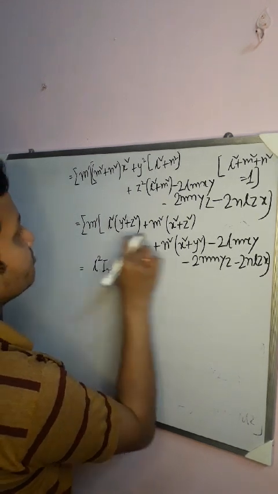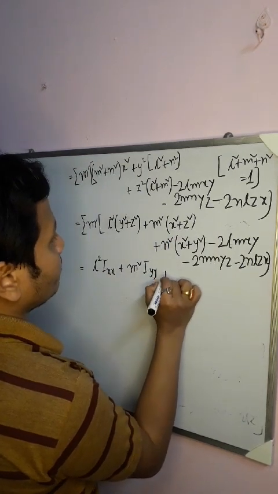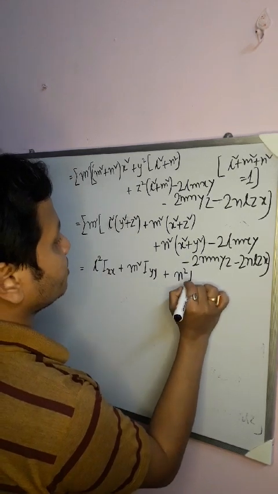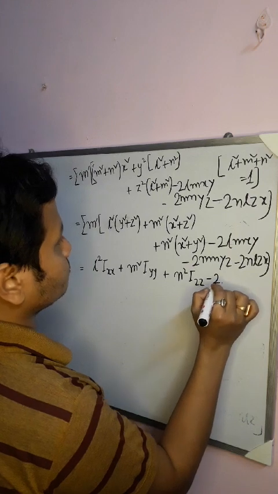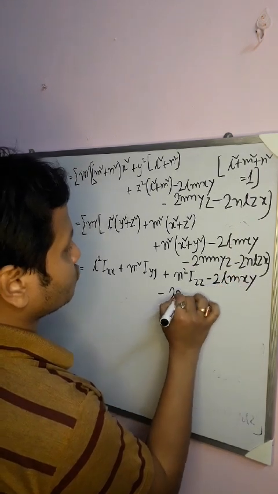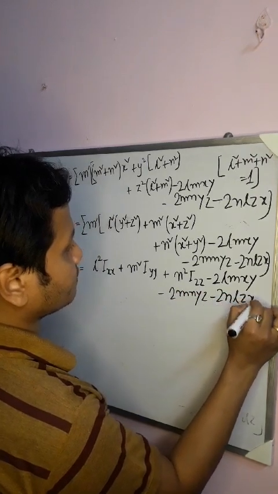Similarly, summation over m dash x square plus z square can be written as Iyy, and summation over m dash x square plus y square can be written as Izz, minus 2LMxy minus 2MNyz minus 2NLzx.